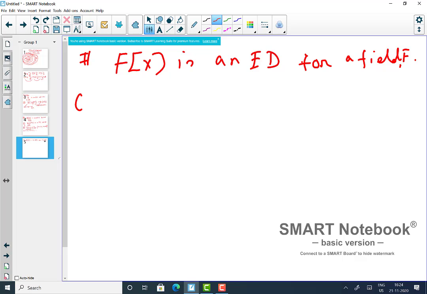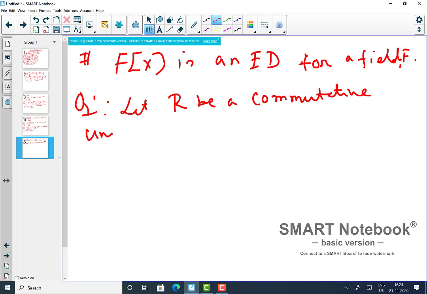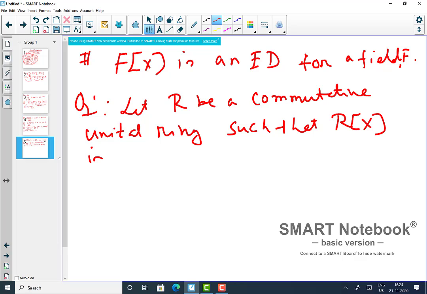Suppose you start with, say, let R be a commutative unital ring such that R[x] is an ED, or maybe less than that, a PID, principal ideal domain.